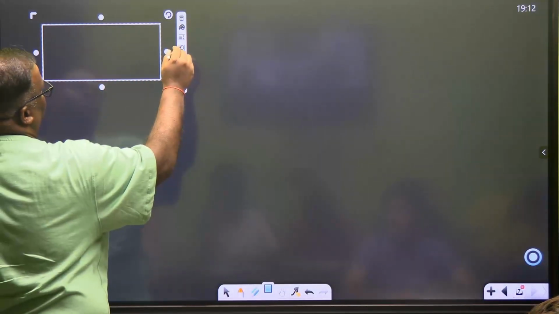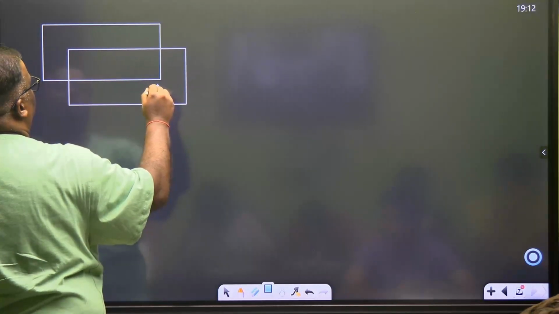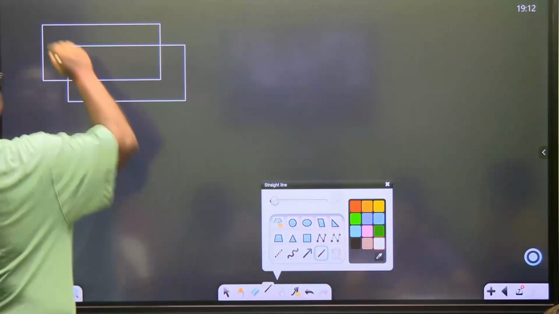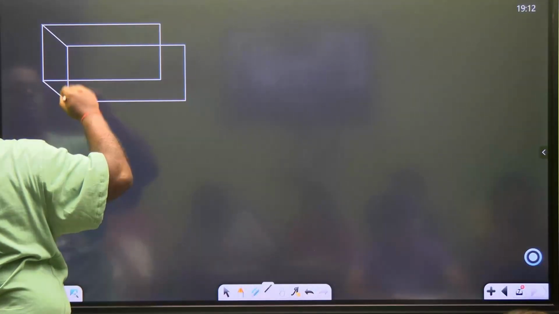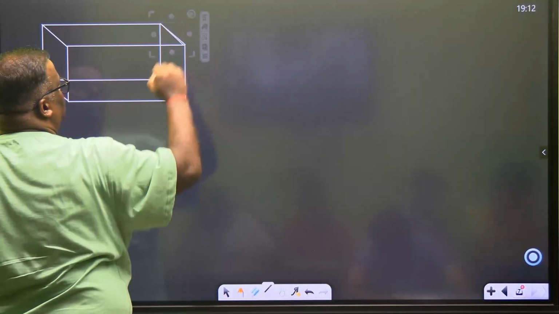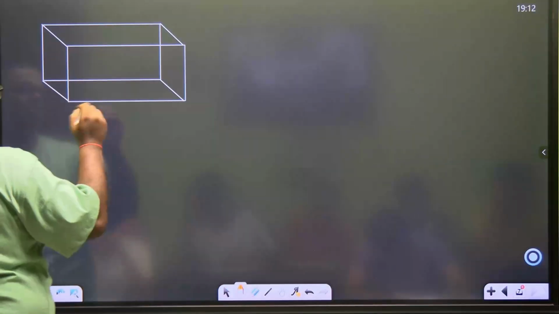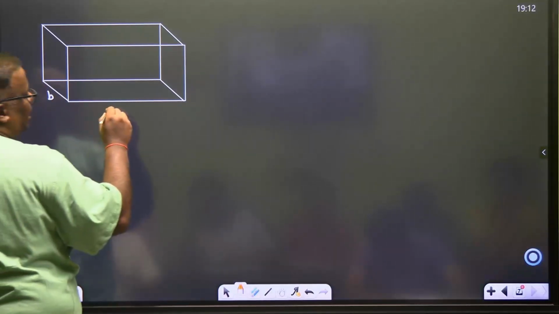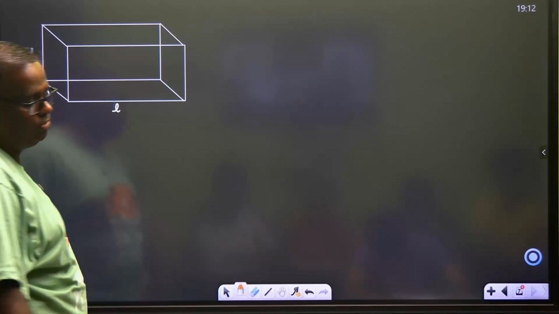So let's take a rectangle, and let's fill up the edges of this rectangle. This is your shoebox, and you now have measurements which are the width of the rectangle, which is also called the breadth, the length, as well as the height of the rectangle.